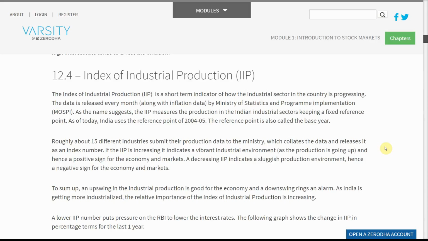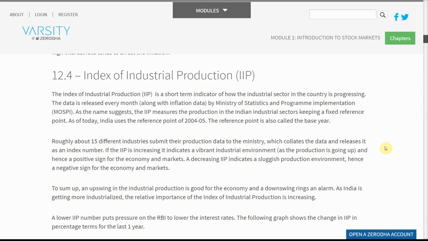Roughly about 15 different industries submit their production data to the ministry, which collates the data and releases it as an index number. If the IIP is increasing, it indicates a vibrant industrial environment as the production is going up, and hence a positive sign for the economy and markets. A decreasing IIP indicates a sluggish production environment, hence a negative sign for the economy and markets.